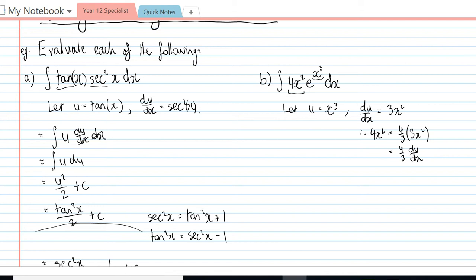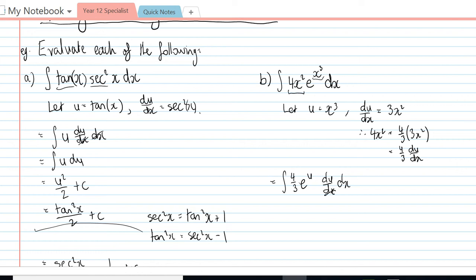Now I can substitute that back into the original problem. It's the integral of 4/3, and I'll put the du dx over here because the order that we're doing these in doesn't matter, we're just multiplying these things. Then we've also got e to the power of u, and there was a dx on the end of that.